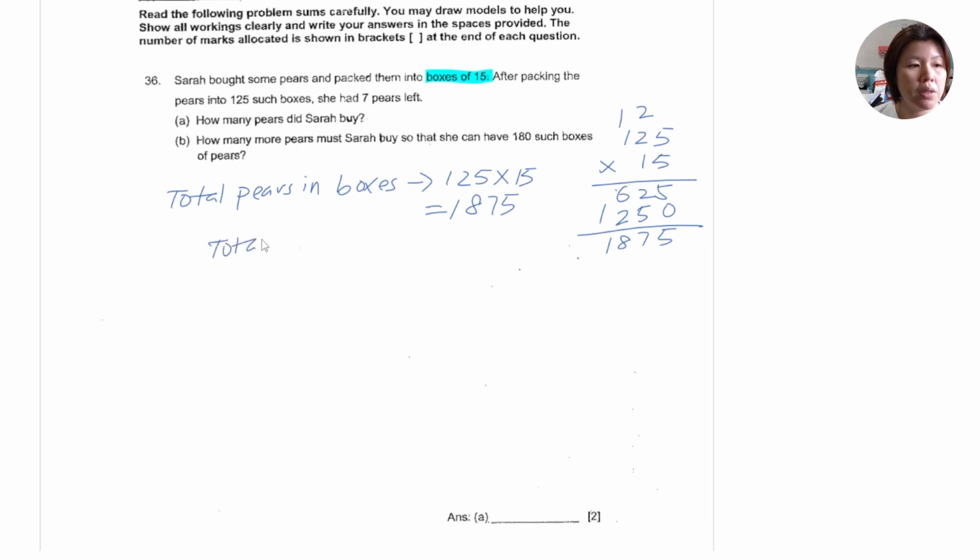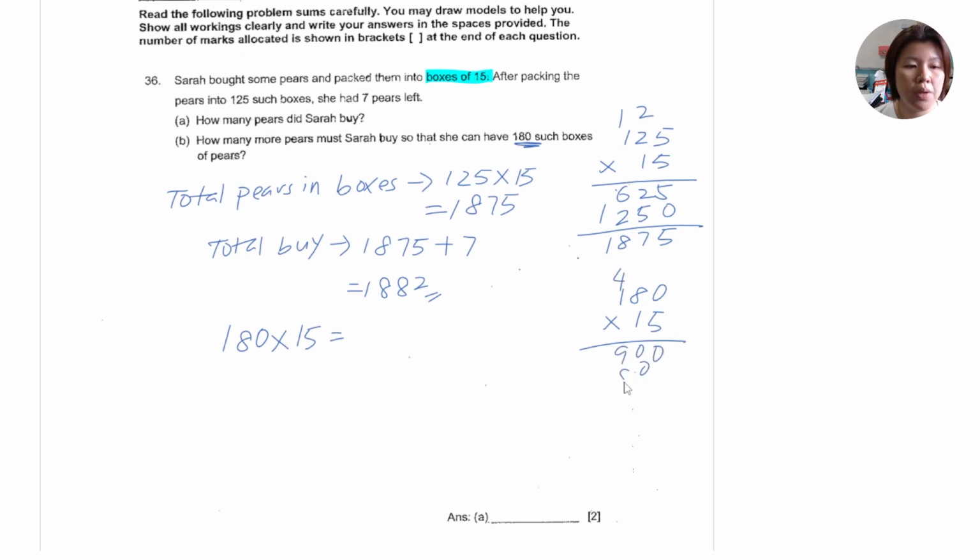So total is 1875 plus 7, which is 1882. So he wants to have 180 boxes of pears. So he's asking how many more pears must he buy. So I can take 180 times 15. Since I know one box is actually 15.